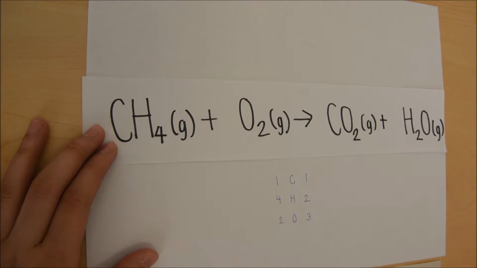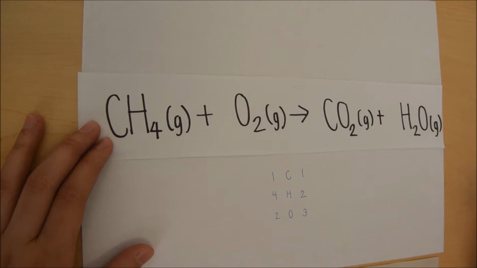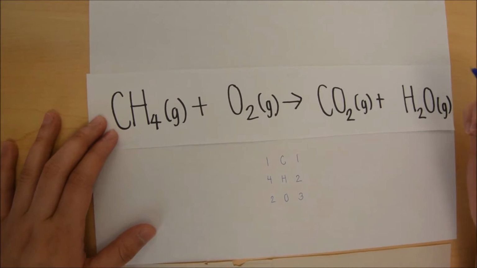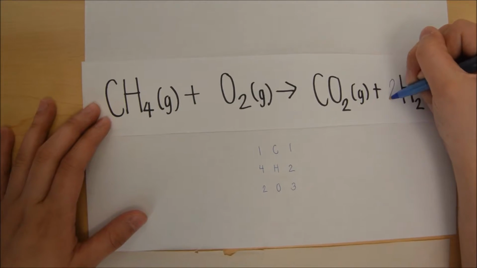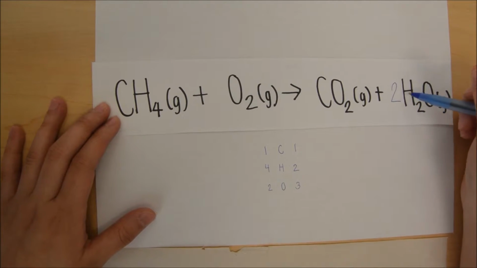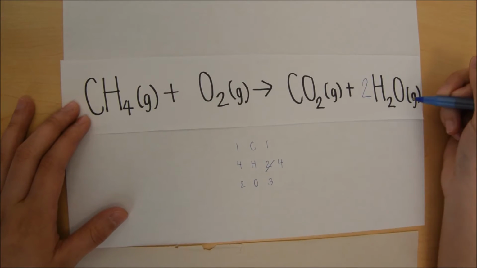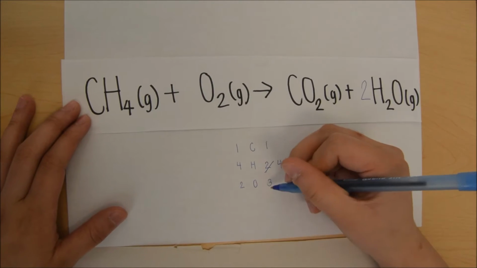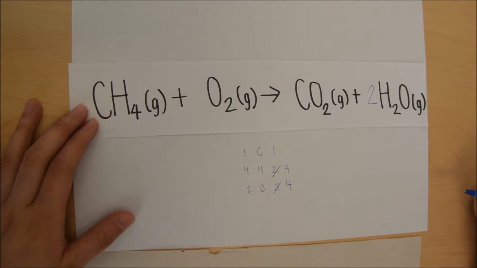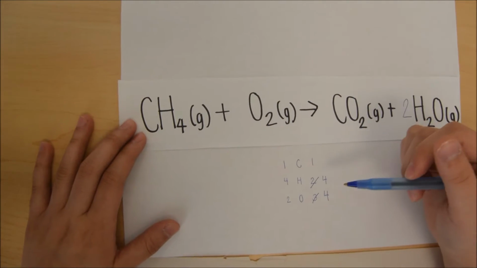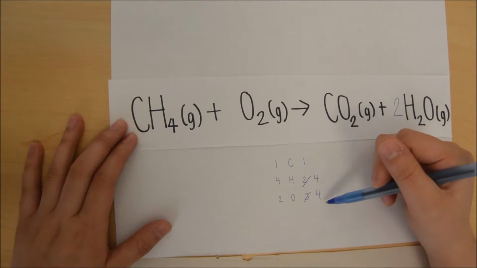Okay, so first we're going to balance the hydrogens. To form 4 on both sides, we're going to have to multiply this by 2, like this. After multiplying this by 2, we have 4 hydrogens and 2 plus 2, 4 oxygens. Now, on the left side, we only have 2 oxygens and we want 4.